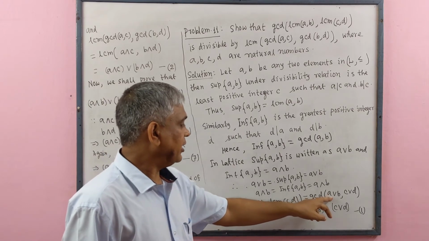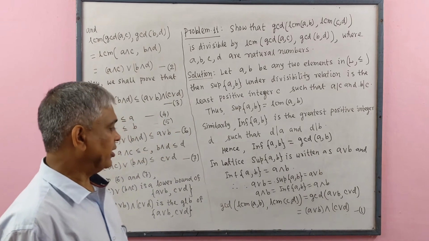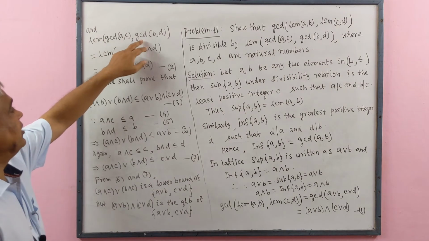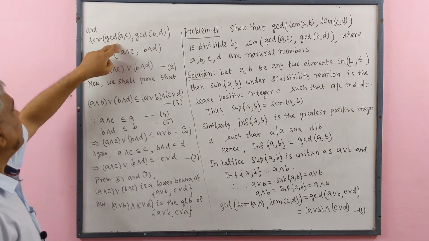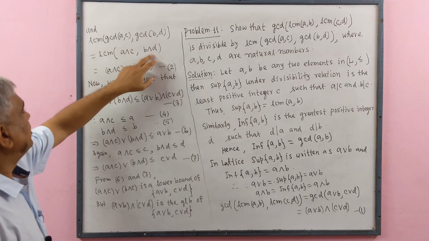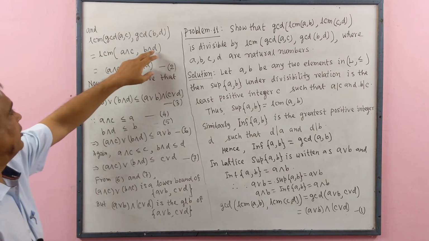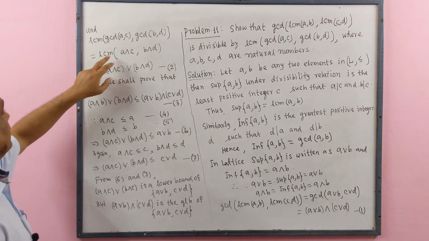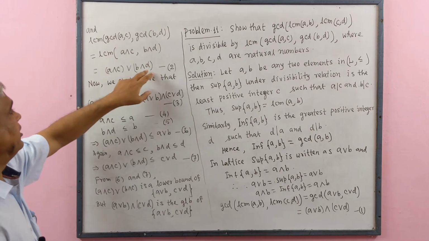So we write A join B meet C join D. This is number 1. Now LCM of GCD AC and GCD BD: GCD means meet, so A meet C, and GCD of BD is B meet D. LCM of A meet C and B meet D, and LCM means join. So A meet C join B meet D. This is number 2.